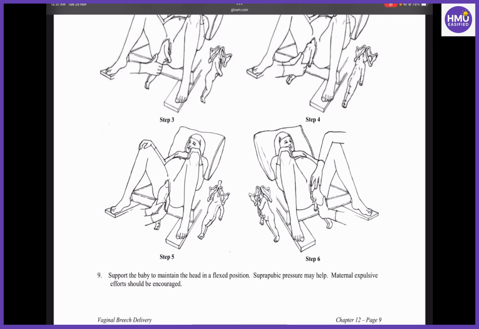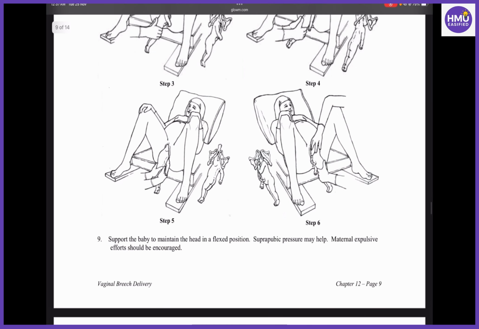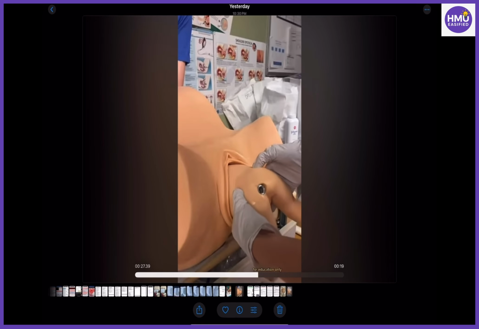Now, in the same way, we will assist the delivery of this anterior arm too. So step 6. So this is a video about Lovset's maneuver. The back is facing up.